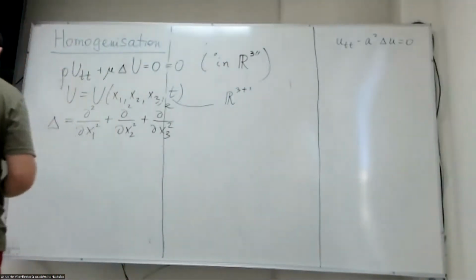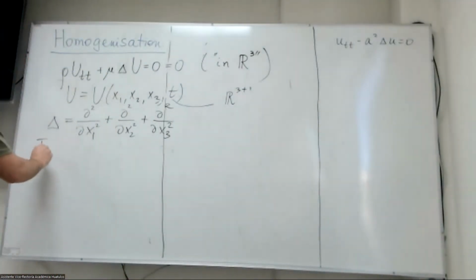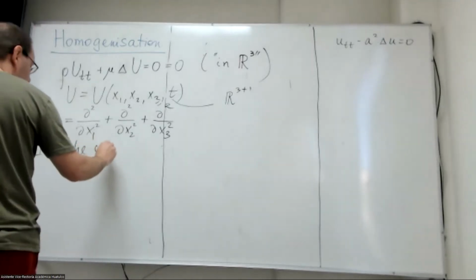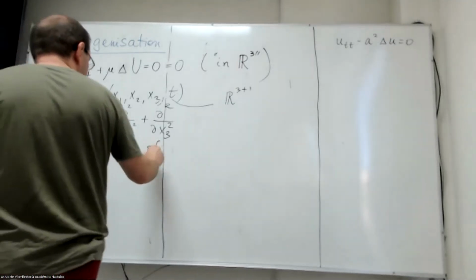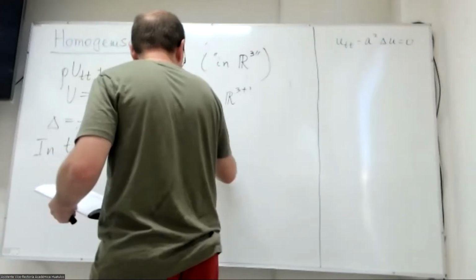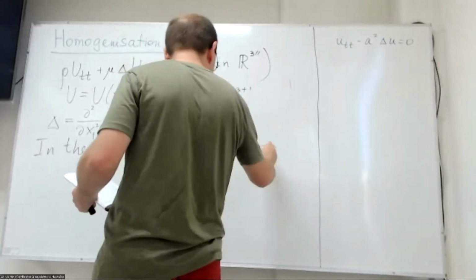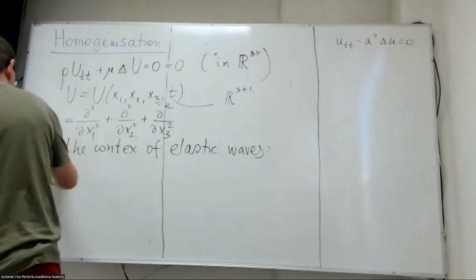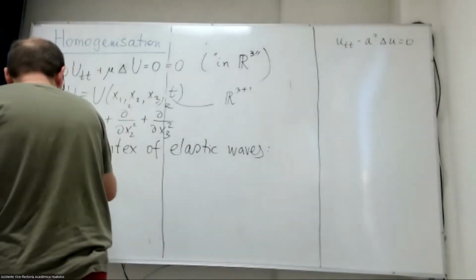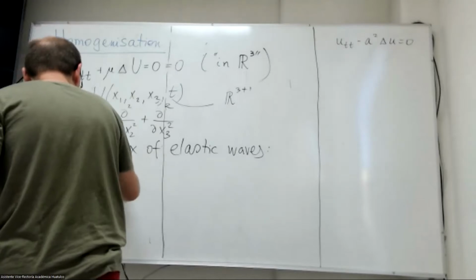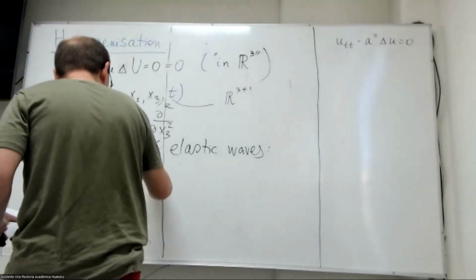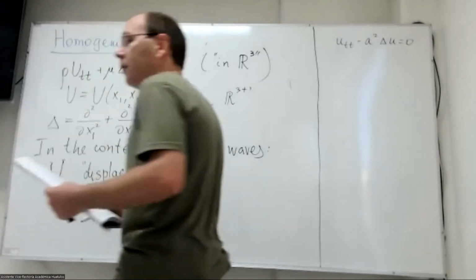So in the context of elastic waves, capital U is what people would call displacement. Right?